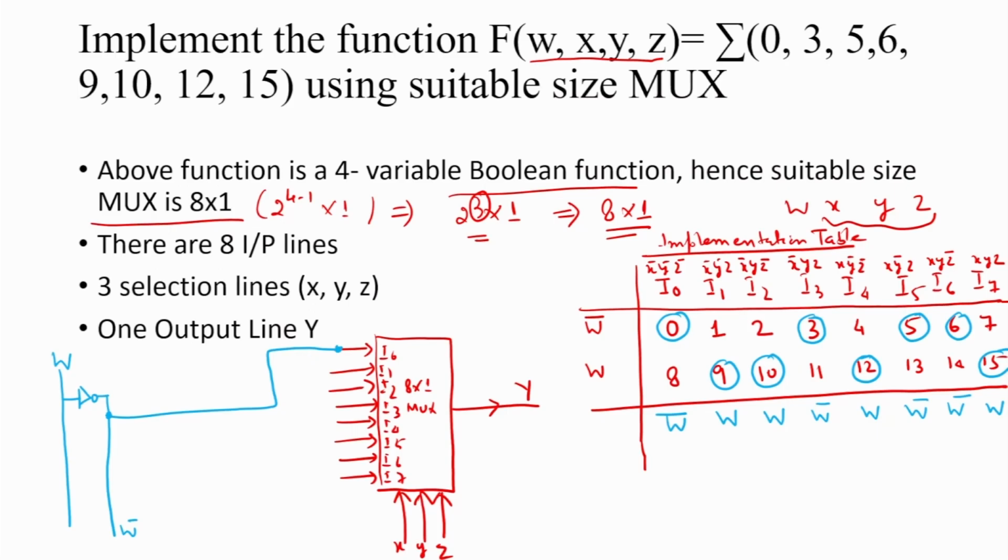Next, W is supplied here, means through I1 W is supplied. So W complement is supplied to I0, then for I3, W is also supplied here.